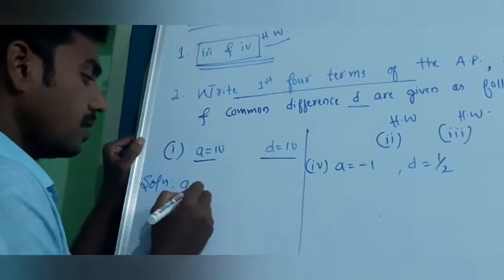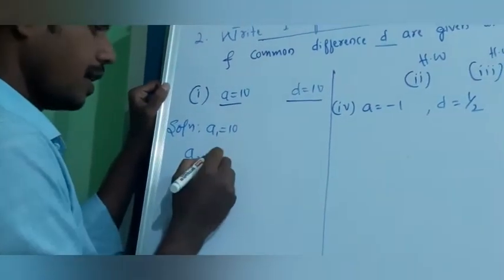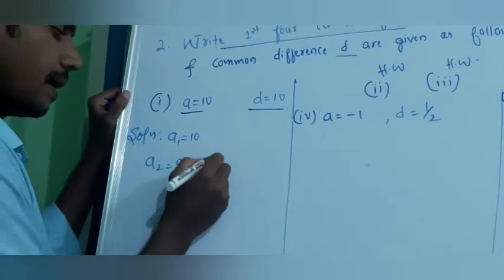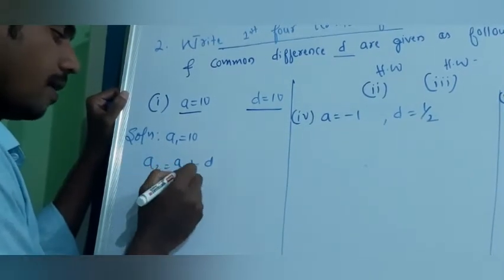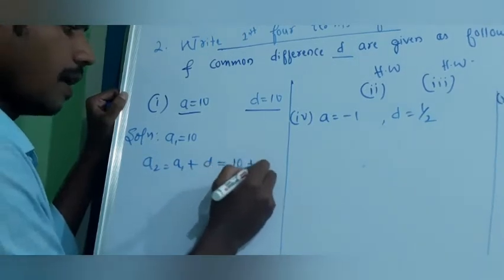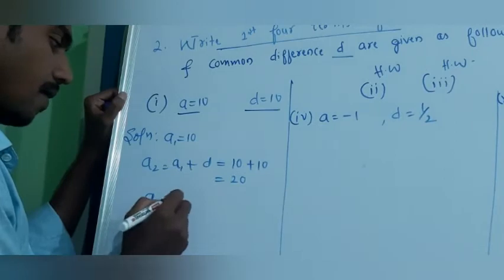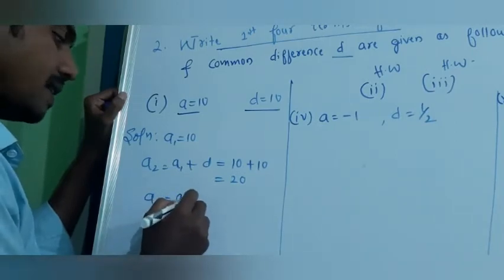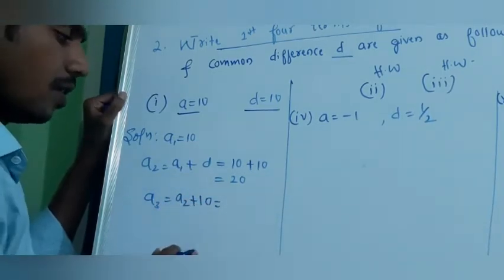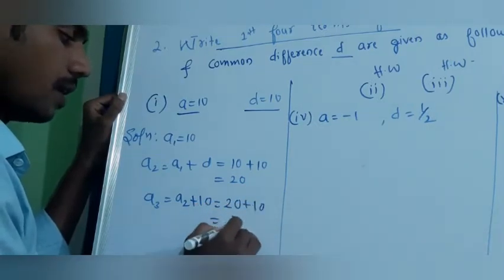See, A1 is equal to 10. To get A2, what should I do? I should add D to it. A1 plus D, which is 10 plus 10, equal to 20. A3 is A2 plus 10, which is 20 plus 10 equal to 30.